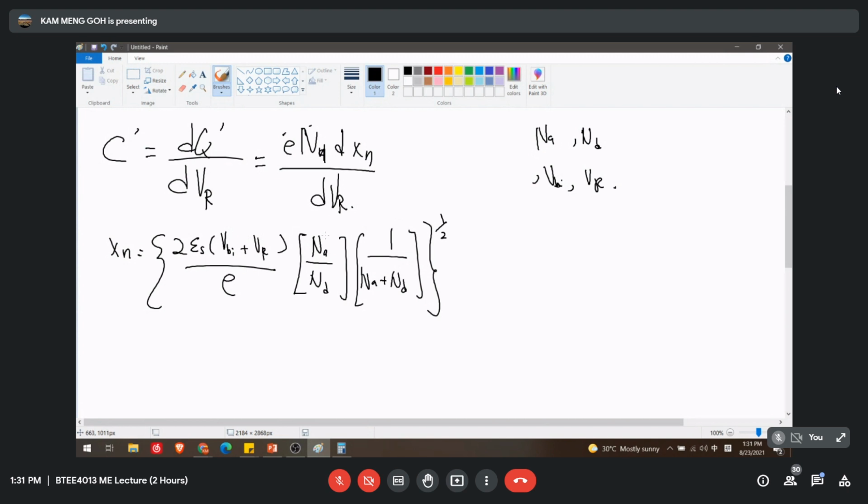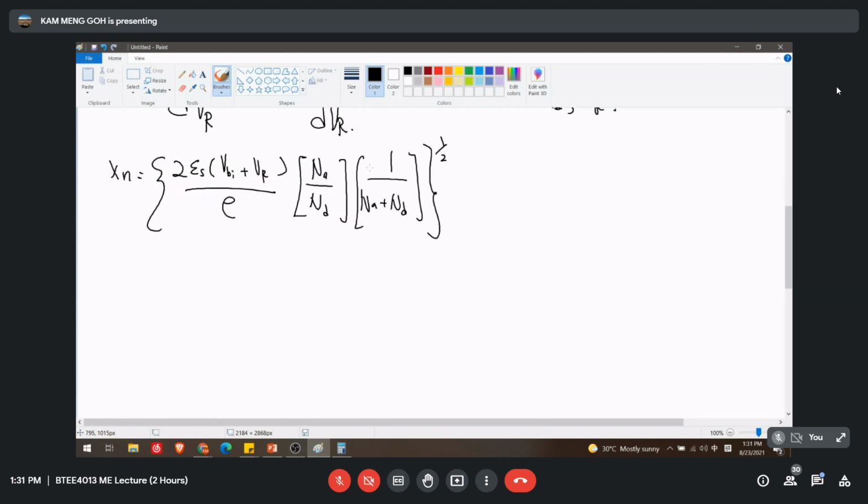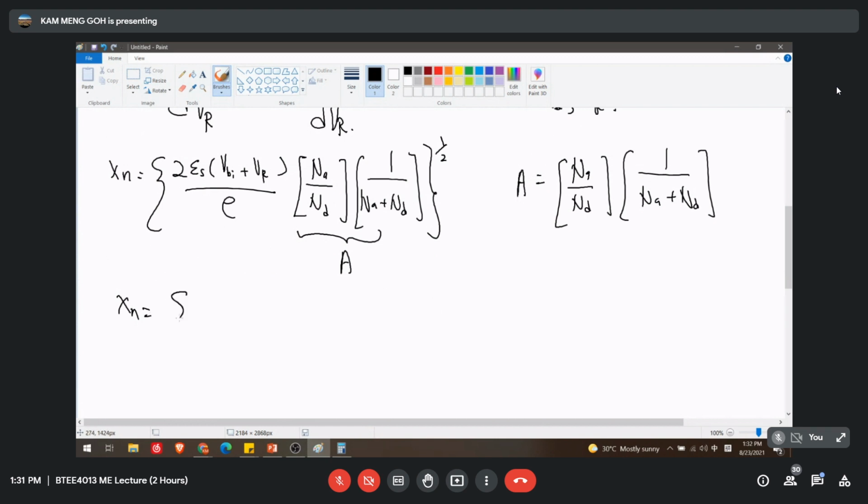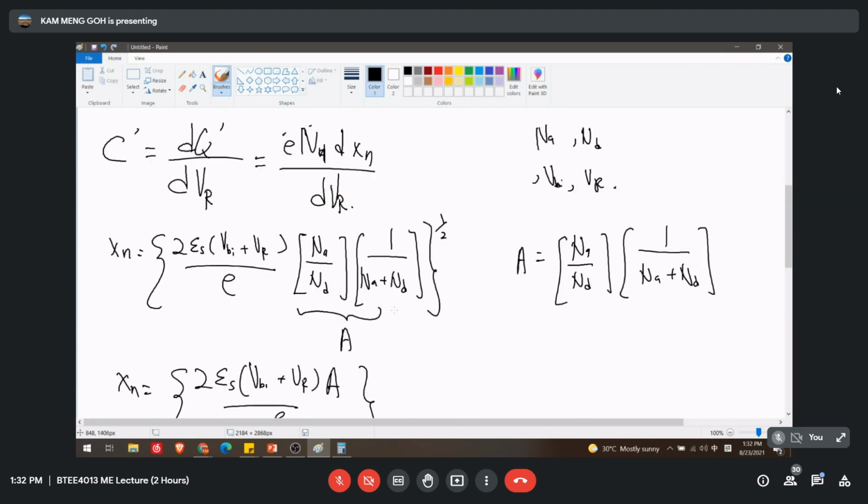But how are we going to derive this? At first we assume this one as A, which will be equal to NA ND times 1 over NA plus ND. Sn we can rewrite as 2 permittivity (VBI plus VR) over q multiplied by A, all under a square root. This is the Sn.